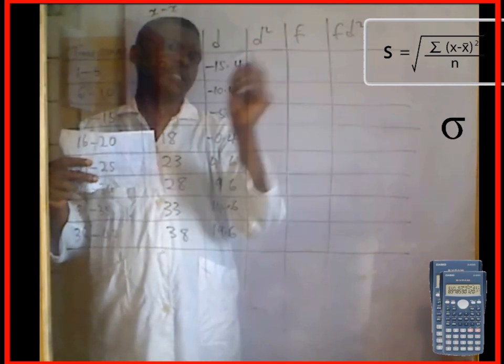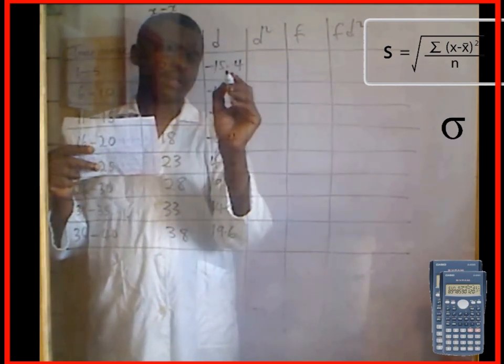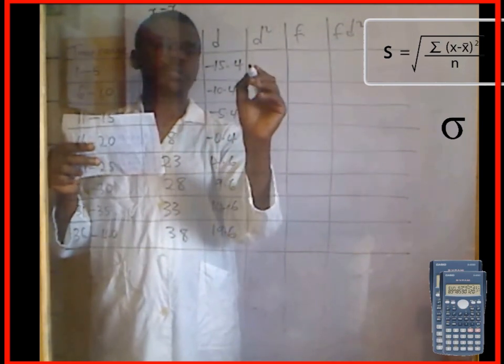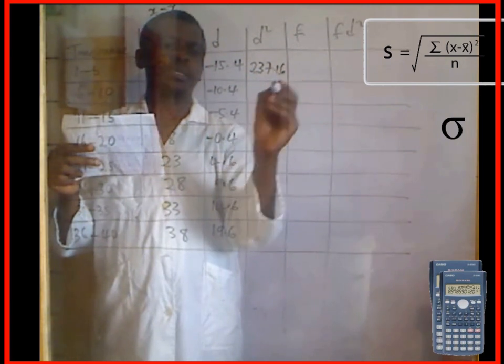To get d square, I have to square the deviations. Minus 15.4 square gives 237.16.